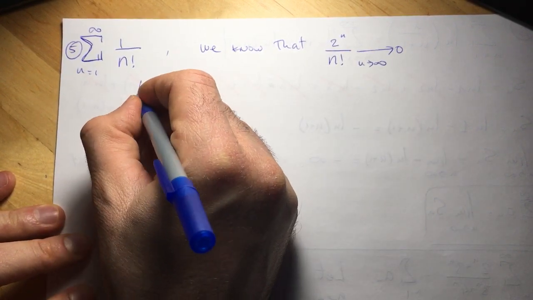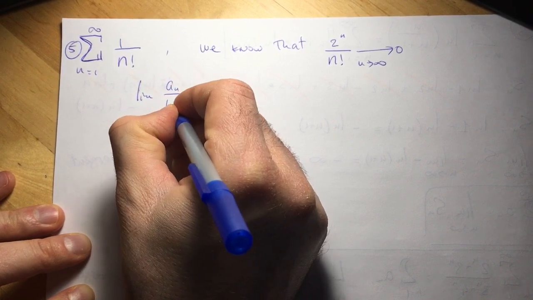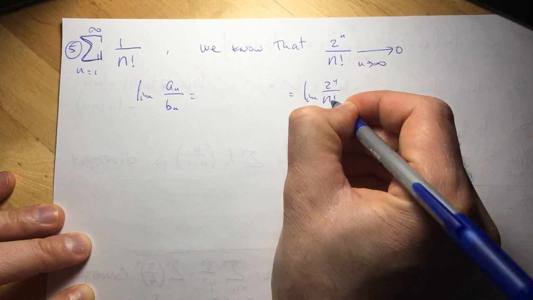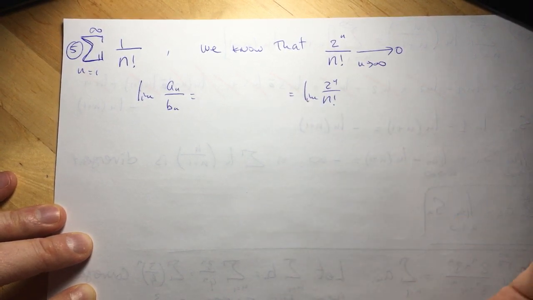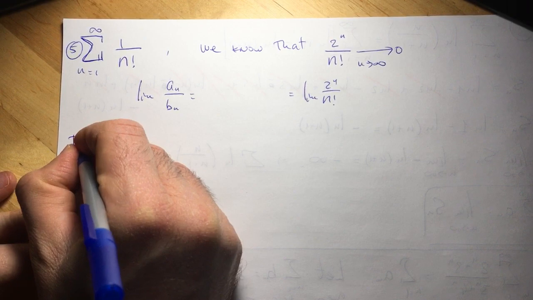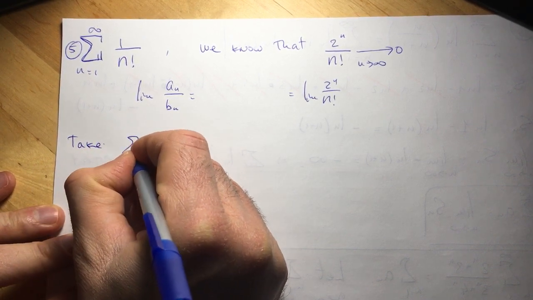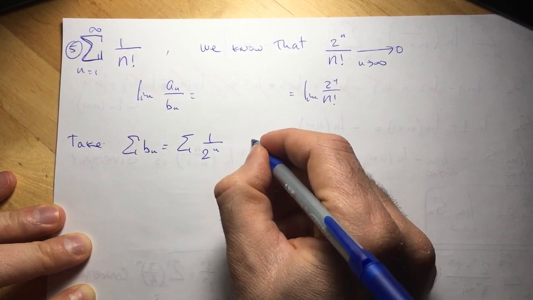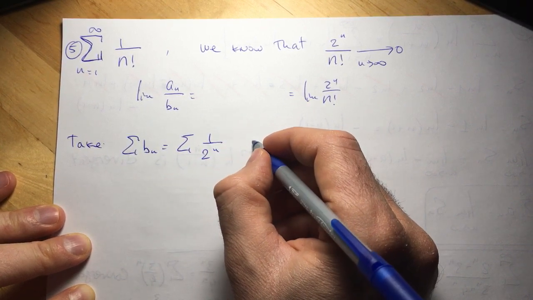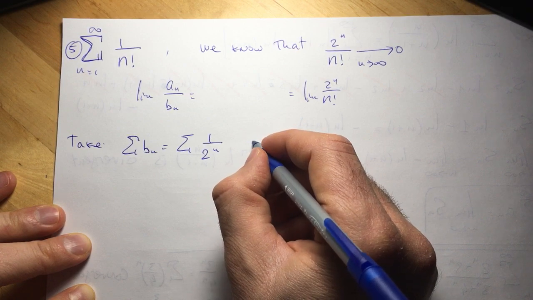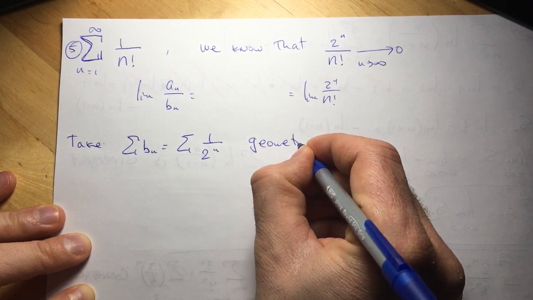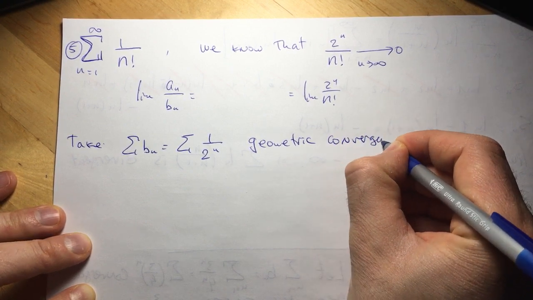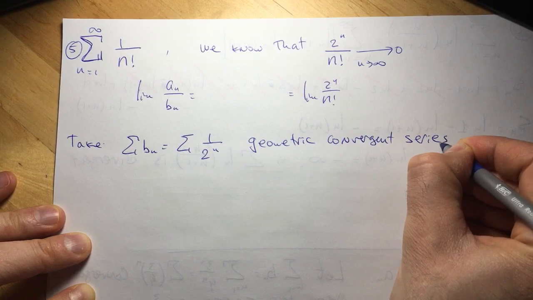So I want the limit of an over bn to end up being the limit of 2 to the power n over n factorial. Well, how is that going to happen? If I take bn equal to 1 over 2 to the power of n, which is a convergent geometric series.